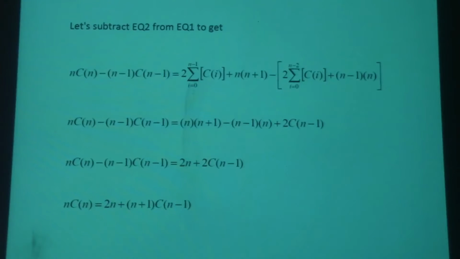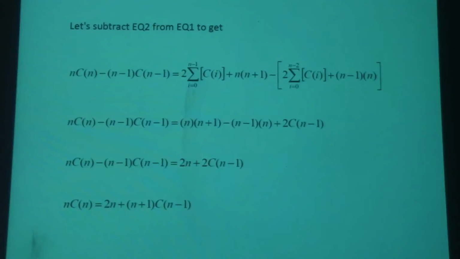I think we did a very nice job, because we reduced the recurrence. Instead of having a summation of them, we now have 1, 2, and only 3. So it's a little bit easier, and we can try to simplify our terms. Here we can just multiply what we have: n squared plus n minus n squared plus n. If we simplify that, we get 2n.